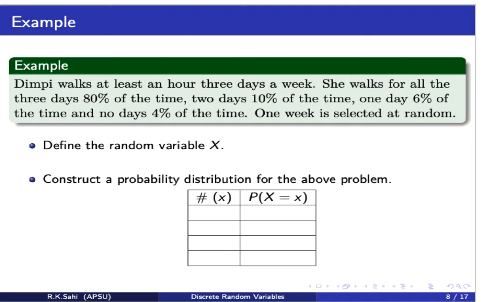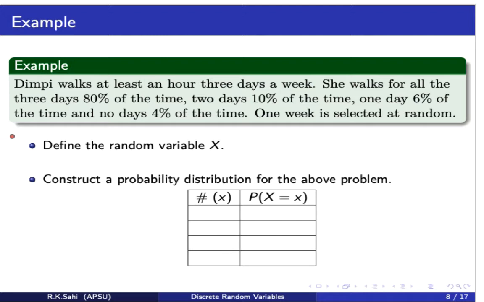The problem is, Dippy walks at least an hour 3 days a week. She walks all 3 days 80% of the time, 2 days 10% of the time, 1 day 6% of the time, and no days 4% of the time. One week is selected at random.